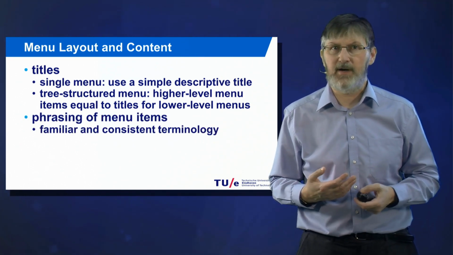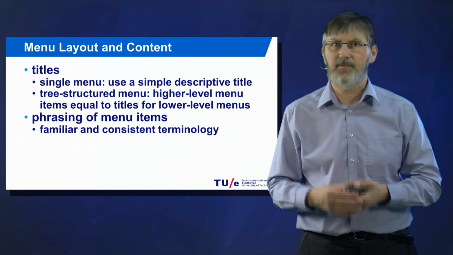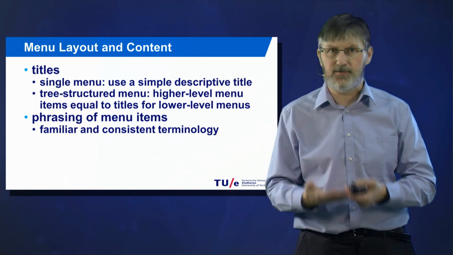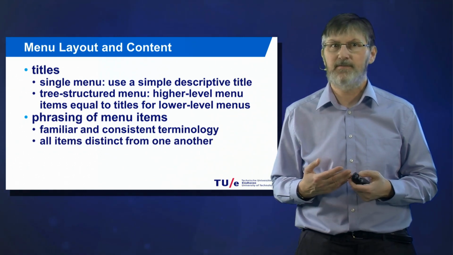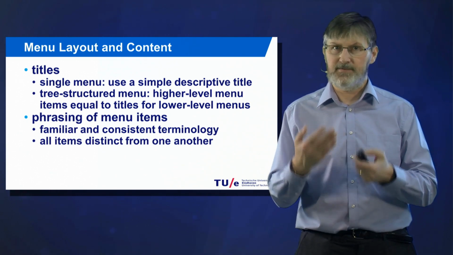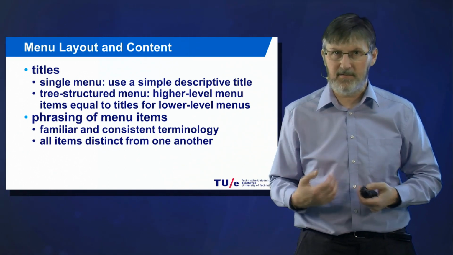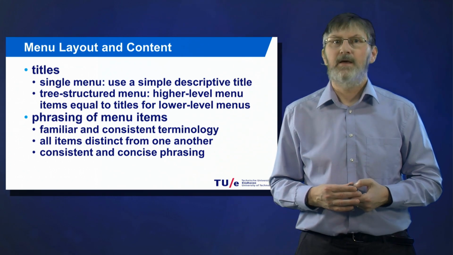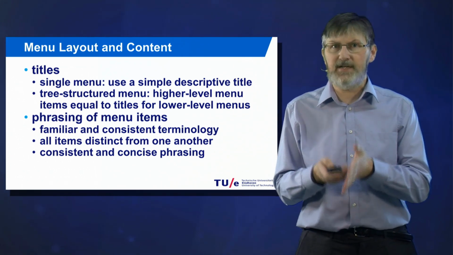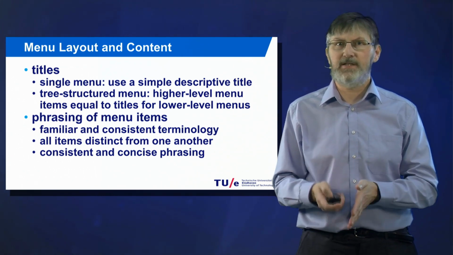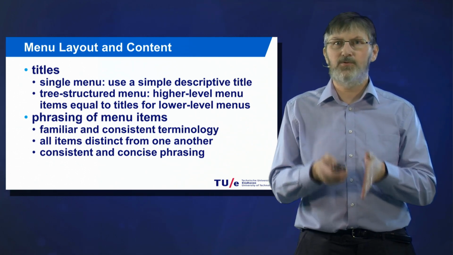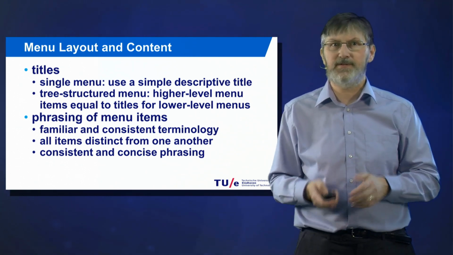Phrasing of menu items is based on familiar and has to also use consistent terminology. All the items distinct from one another in meaning, and consistent and concise phrasing. Menu items should contain 1 or 2 words, but not whole sentences.